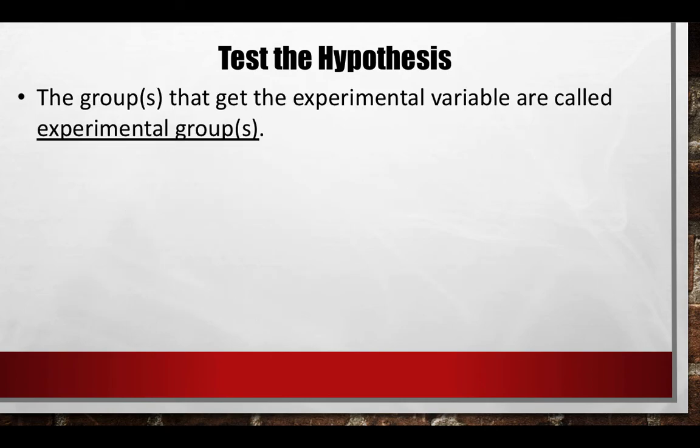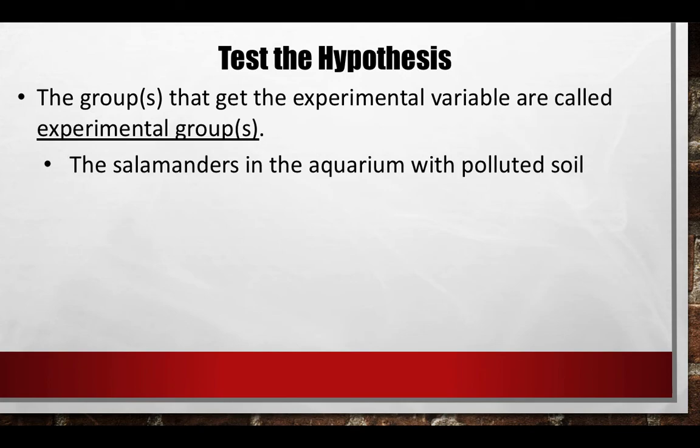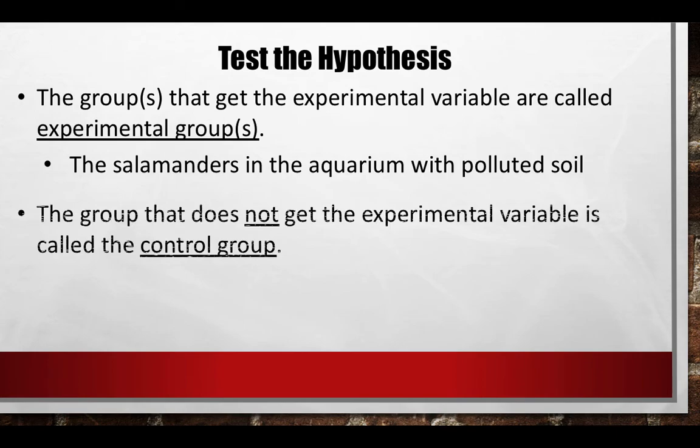Now, the group or groups that get the experimental variable are called experimental groups. In this case, the salamanders in the aquarium with the polluted soil would be the experimental group, because we said that polluted soil is the experimental variable. The group that does not get the experimental variable is called the control group.